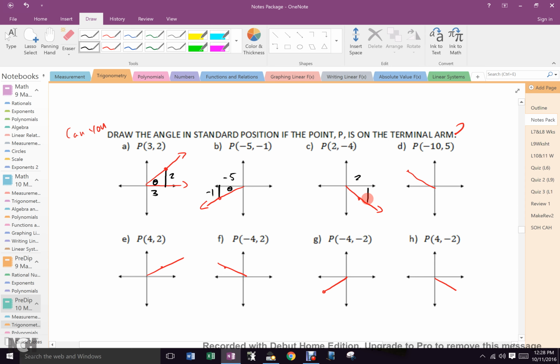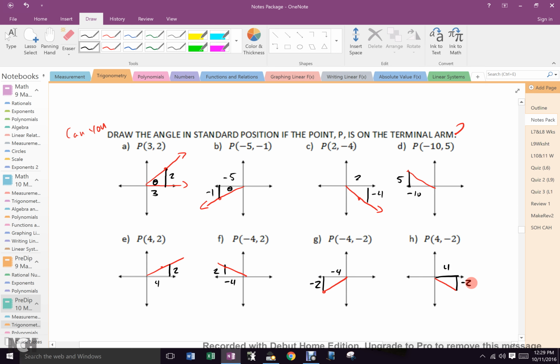How far is this? -4. Make the reference angle. How far is this? -10. How far is this? 5. Make the reference angle. How far is this? 4. 2. -4. 2. -4. -2. 4. -2.